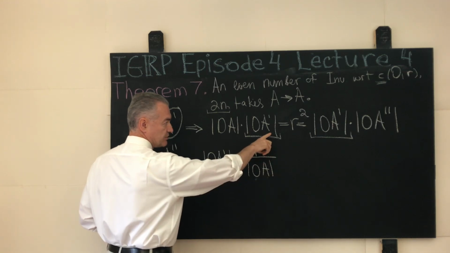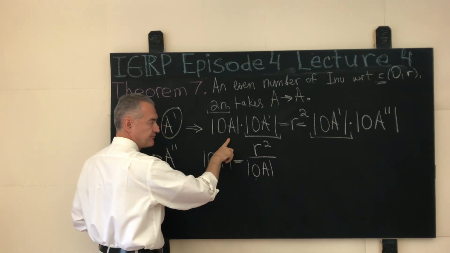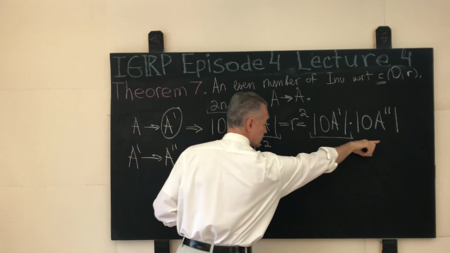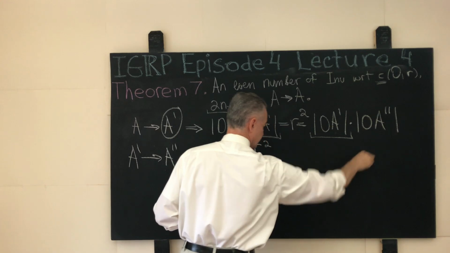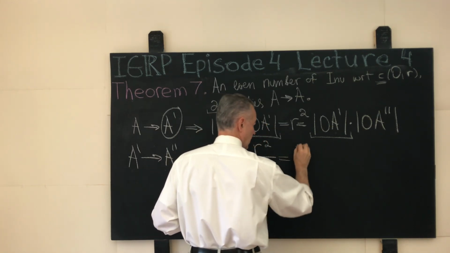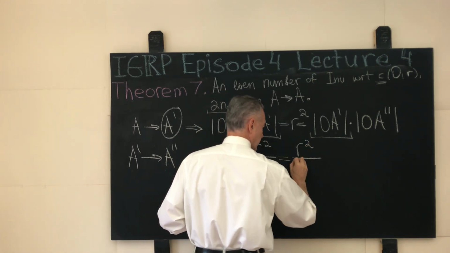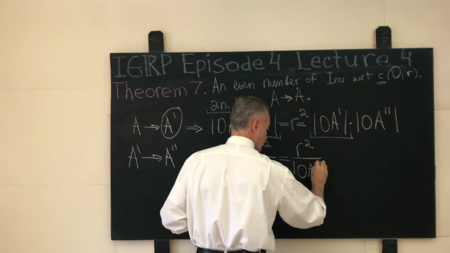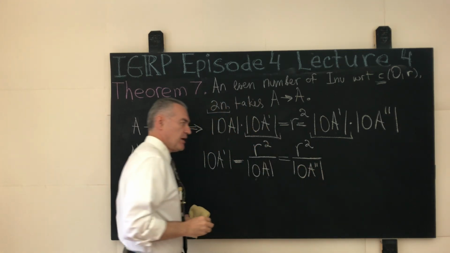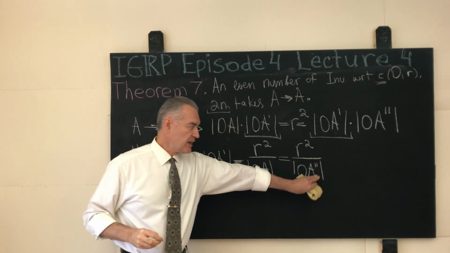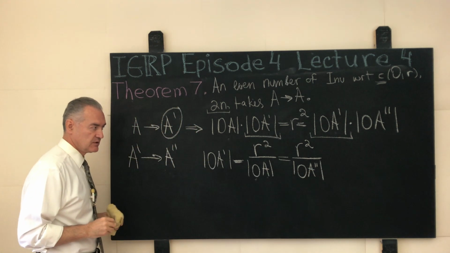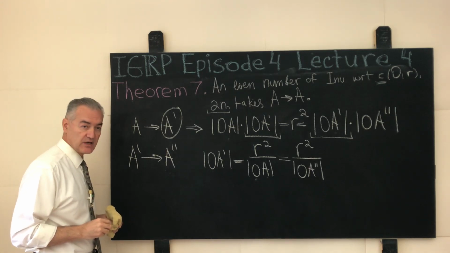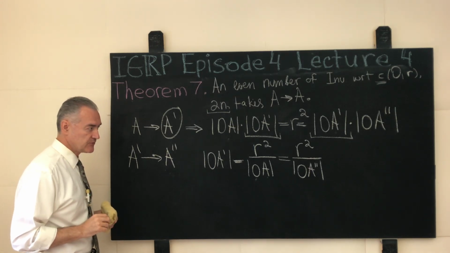This is the result from the left relation, and from the relation over here we express this distance as r squared divided by the distance from the center of inversion to this imposter point A prime prime. So far, the position and the identity of that imposter is quite fluid.